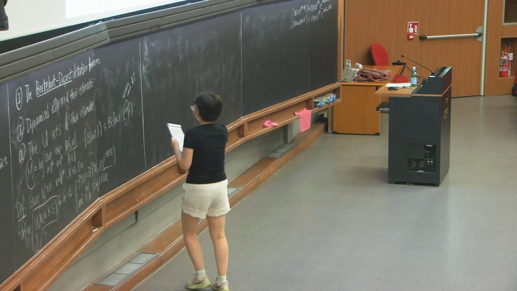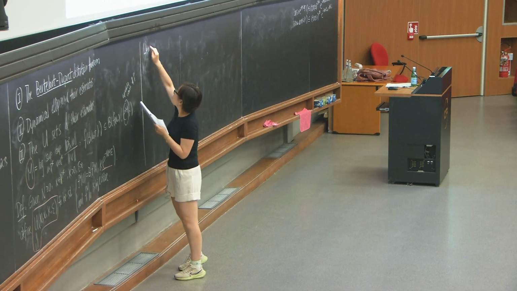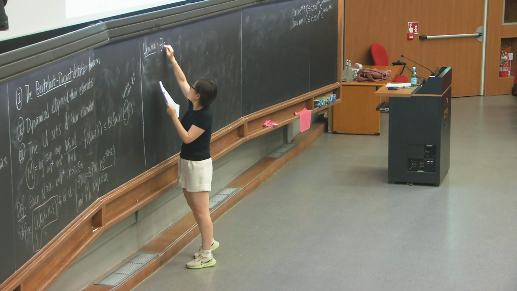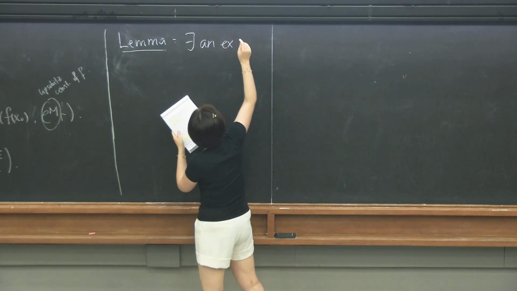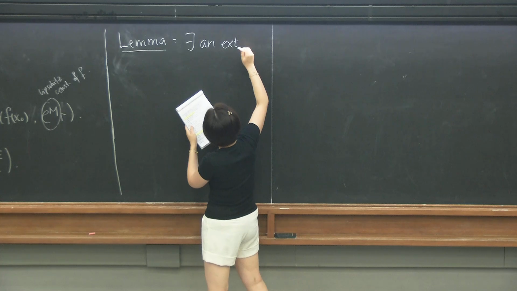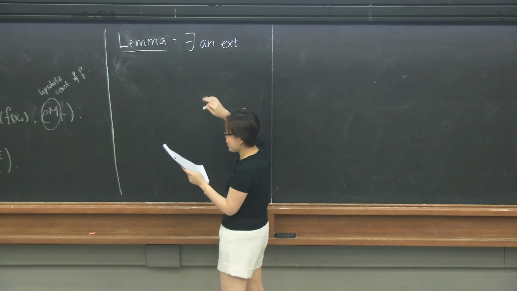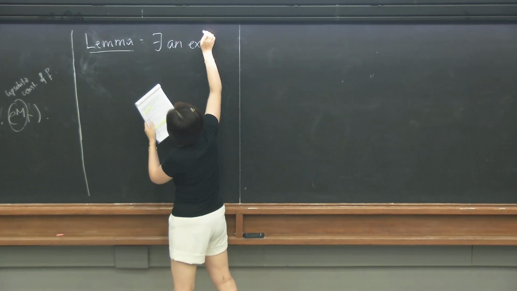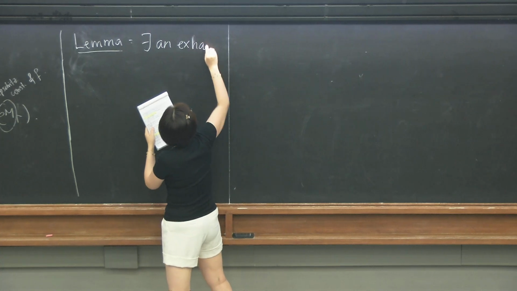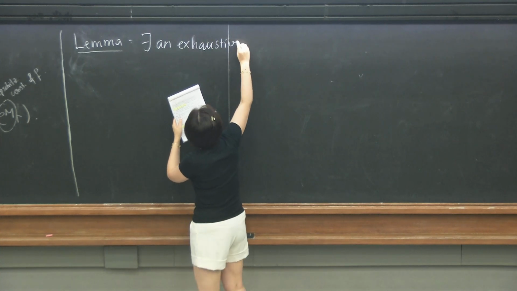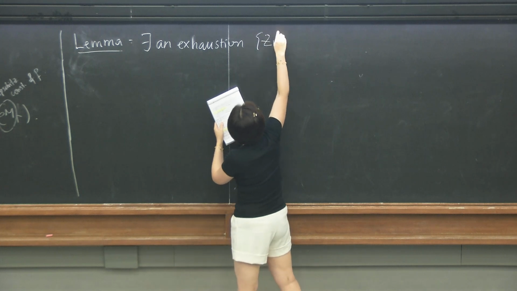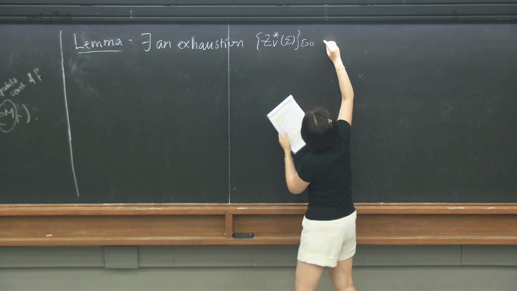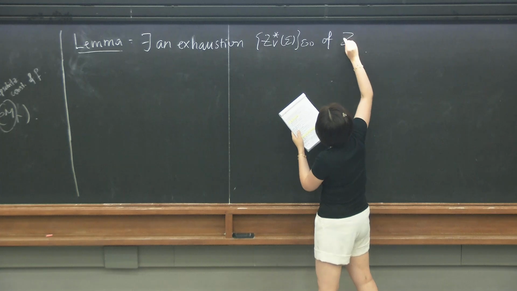Okay, so lemma. There exists an exhaustion, which is the epsilon structure that we put on Z nu star, right? Exhaustion Z nu star epsilon, for epsilon bigger than 0, of this set Z nu, right?